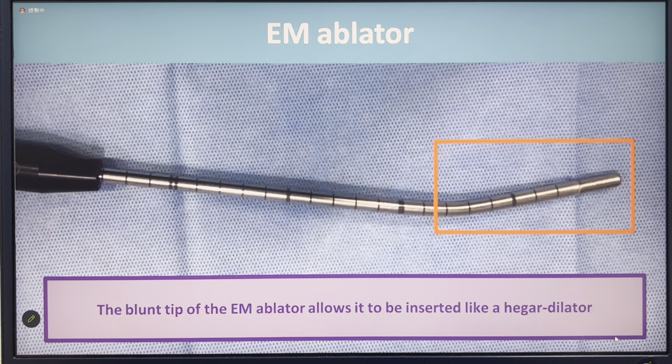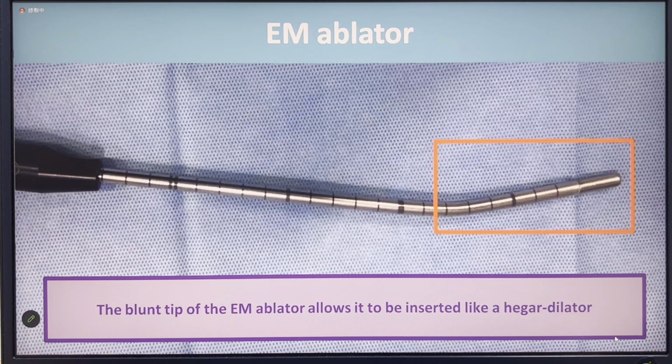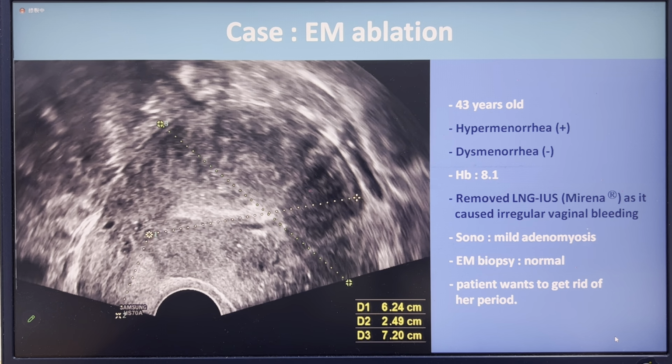This is the EM ablator, and the blunt tip of the EM ablator allows it to be inserted like a Hegar dilator. This is a case of EM ablation. The patient was 43 years old with hypermenorrhea but without dysmenorrhea, and her hemoglobin level was 8.1.